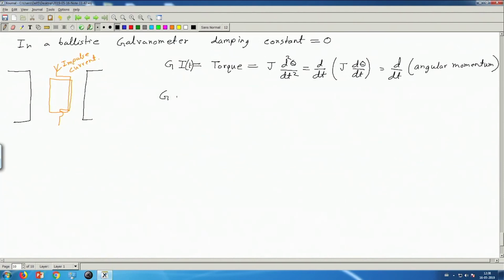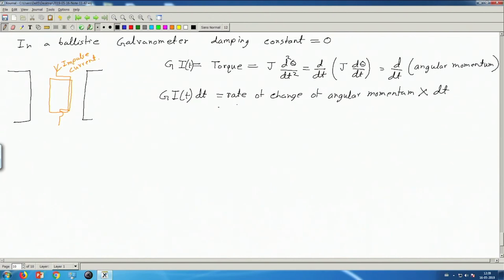Therefore, if we multiply this with the time dt, then we will have rate of change of angular momentum multiplied by dt.